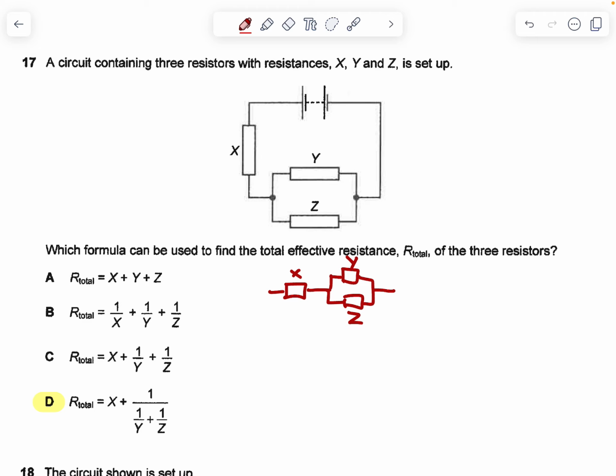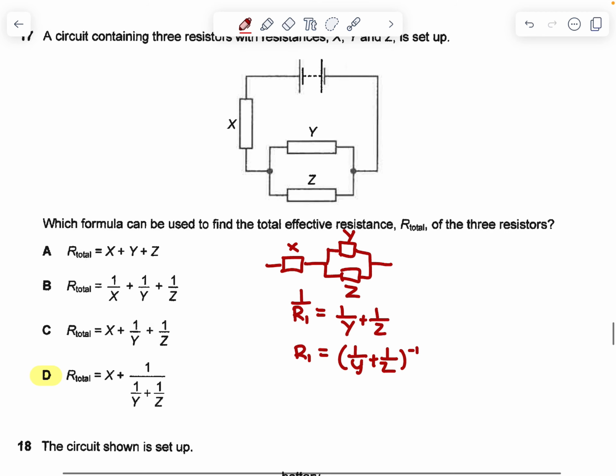We solve for the parallel first, call it R1. 1 over R1 equals 1 over Y plus 1 over Z. R1 will be equal to the inverse of this.